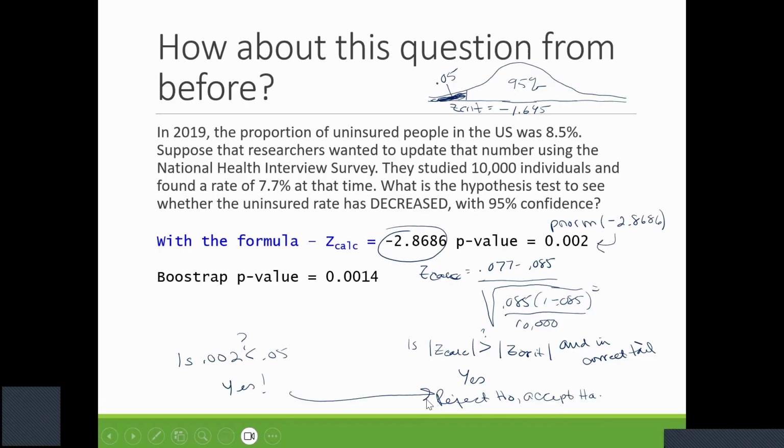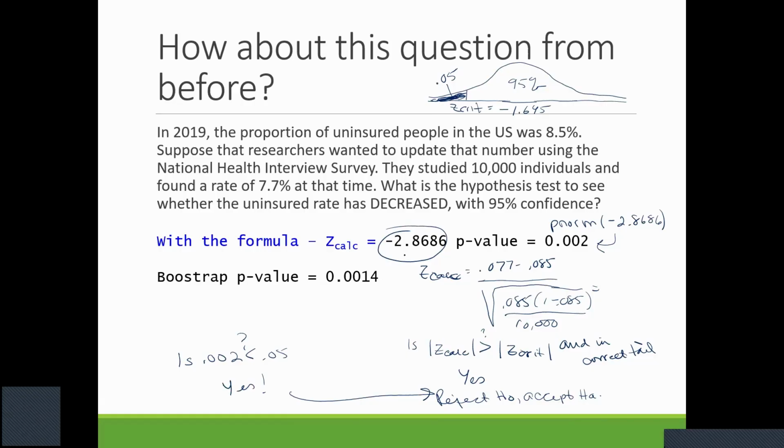Now, if we do this with the bootstrap, and you definitely want to look at the code because the thing that changed is now we're looking at whether things are less than. Okay, so before we were looking at the absolute difference, now we're looking only for things that are negative. But the p-value using the bootstrap is 0.0014, which is even lower than the one we get doing it by hand.